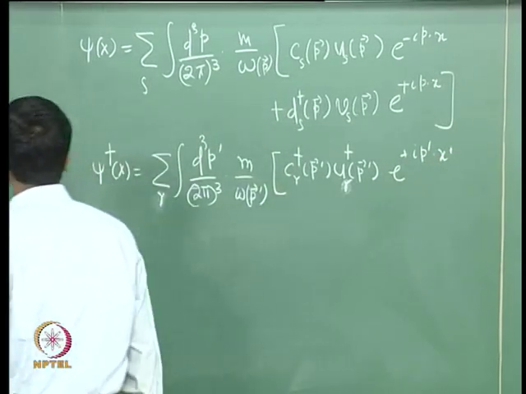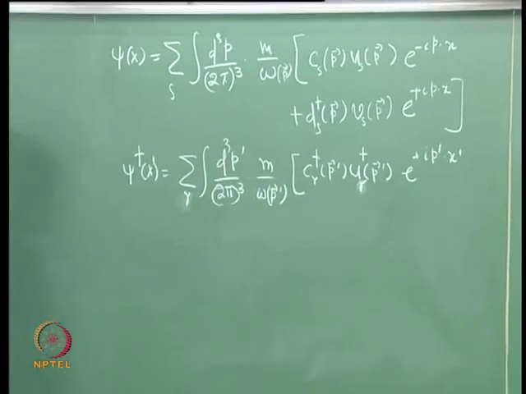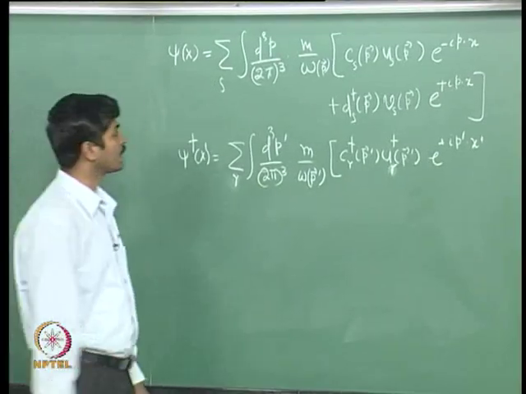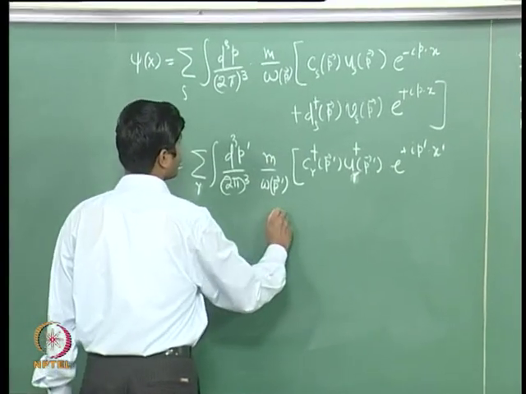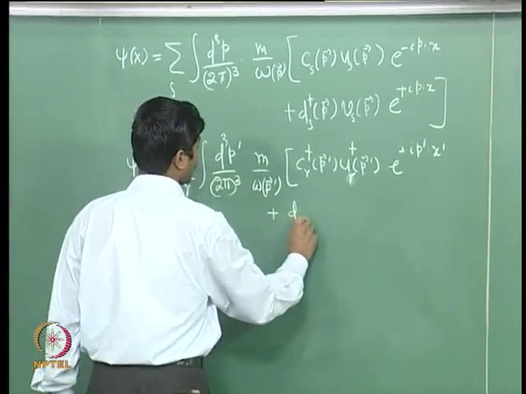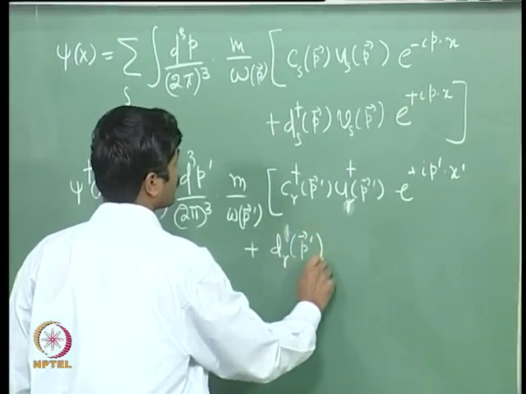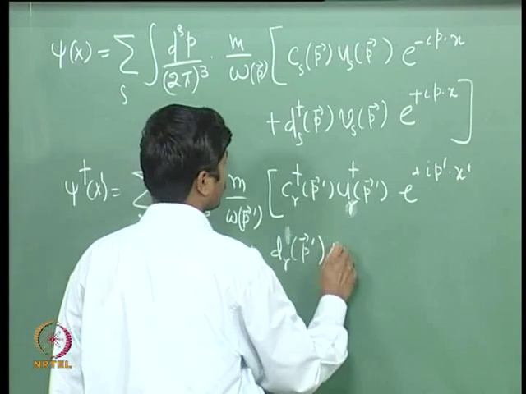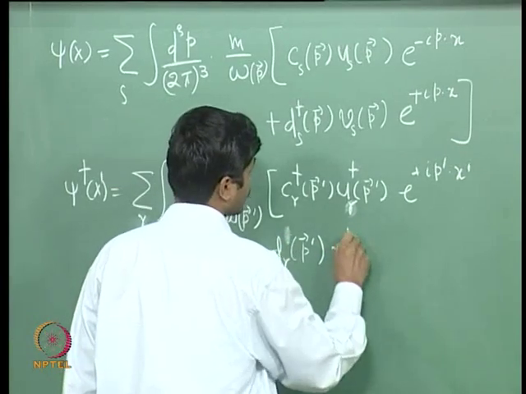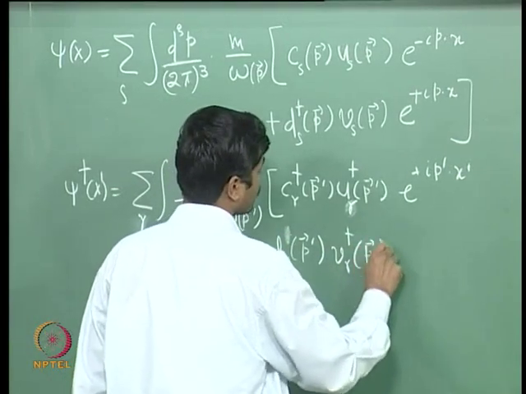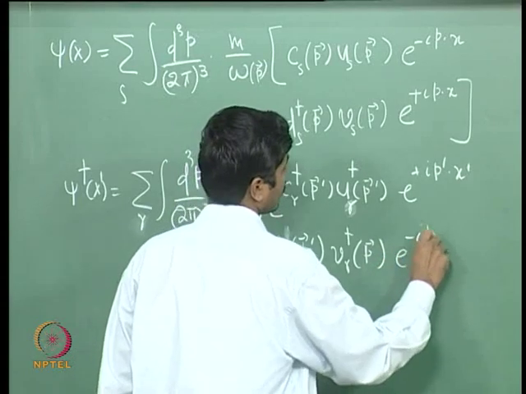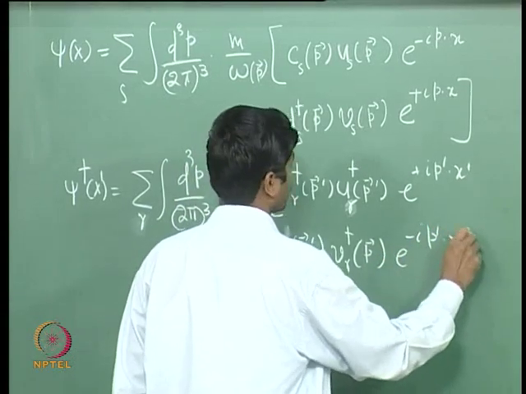Here I am considering x prime, and this one plus d_r dagger of p prime, d_r of p prime, v_r dagger of p prime e to the power minus i p prime dot x prime.